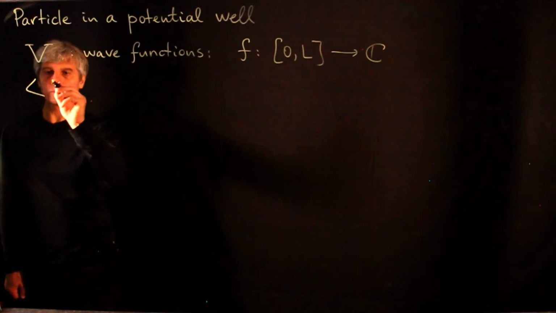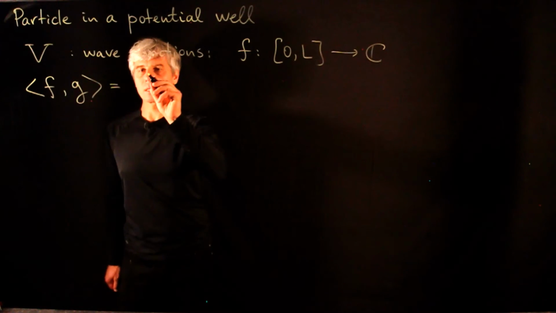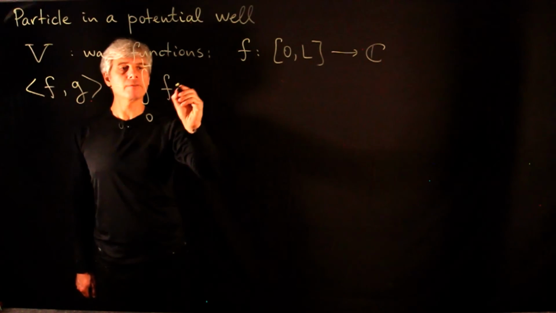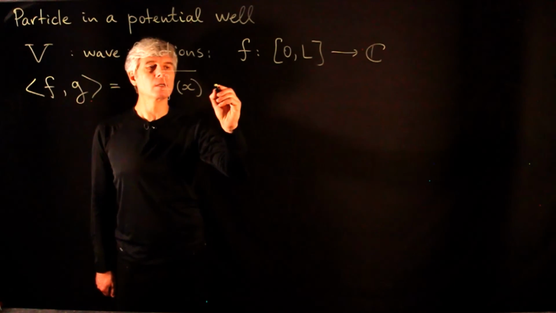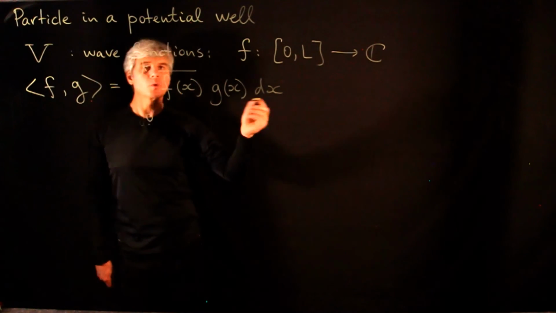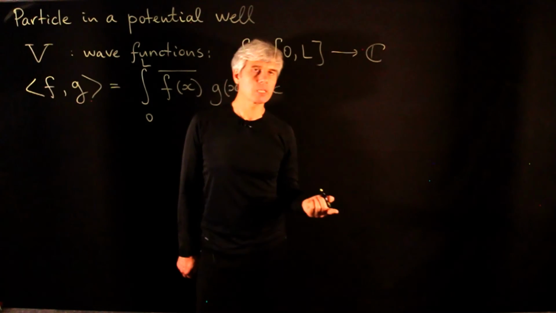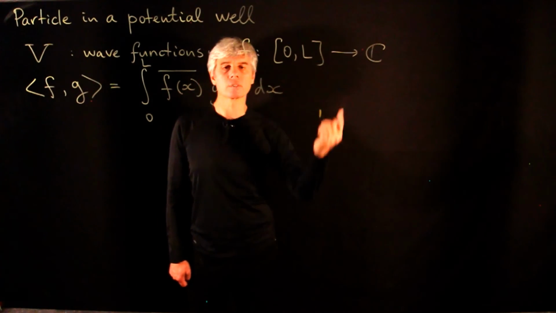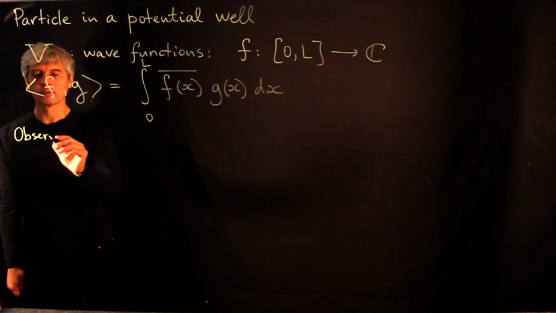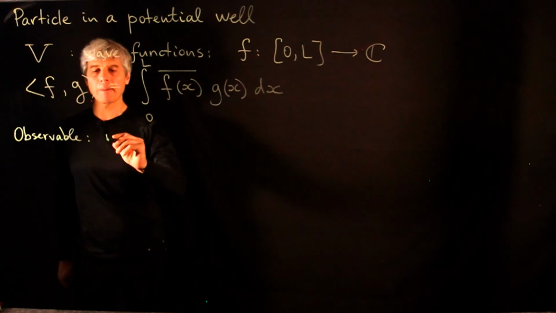And the Hermitian form on this space is the integral from 0 to L of f of x conjugate times g of x dx. And so usually we also impose some smoothness conditions so that we can write down the Schrödinger equation for this function. So as an observable, let's consider the momentum operator.